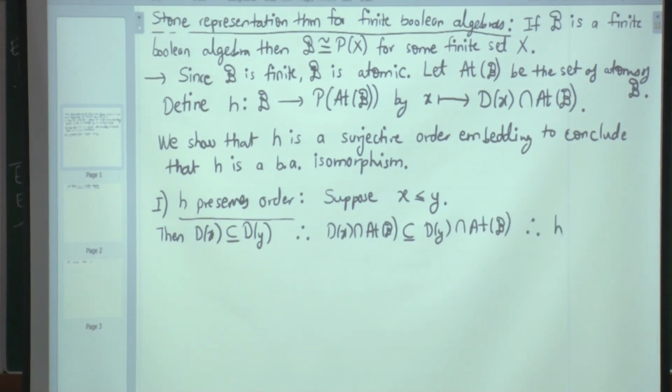And therefore H of X is a subset of H of Y. Very simple. Now the second thing, H reflects order.